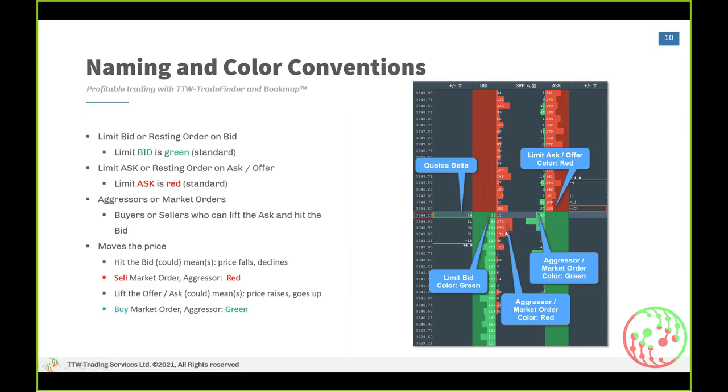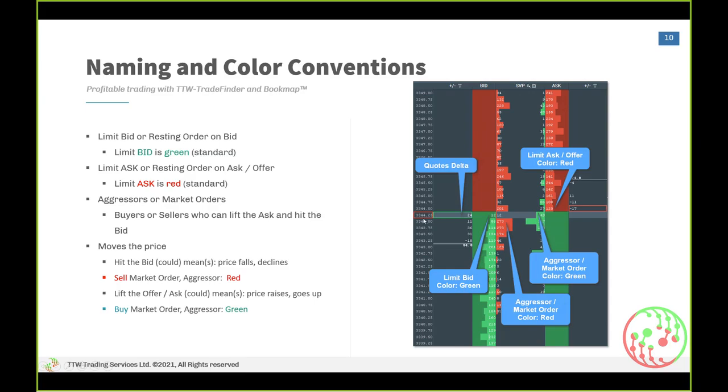The aggressors marked red are selling into the greens, into the resting limit orders. These are patient traders, like you and me here, who are waiting until the price comes down. If we are sitting there at a certain price, we get filled, or we are matched, and then we are in the business.